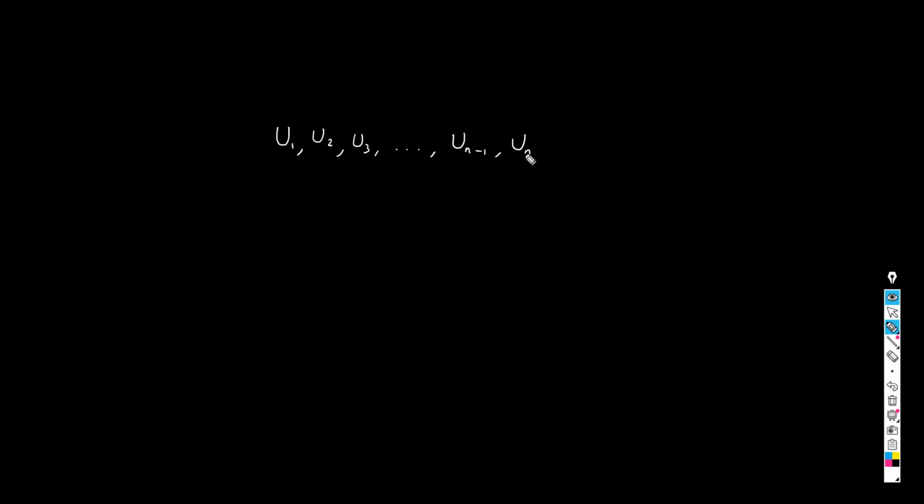So I'm writing a sequence of n terms, a sequence in abstract terms. I'm not telling you what specific values these terms have. I'm just writing down first term u1, second term u2, third term u3, etc. We have many more terms in here hidden, and then the term n minus 1, because that's the one that goes previously than this one, right? And then finally the nth term of this sequence, represented by un. So I'm just gonna leave it there, period.